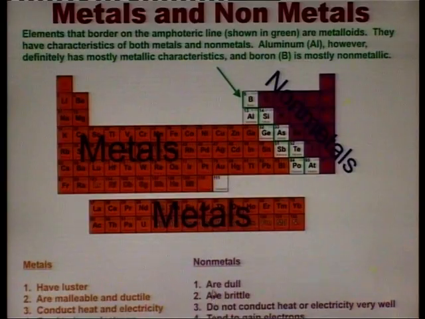Non-metals are dull. They are brittle. They do not conduct heat and electricity. They tend to gain electrons.